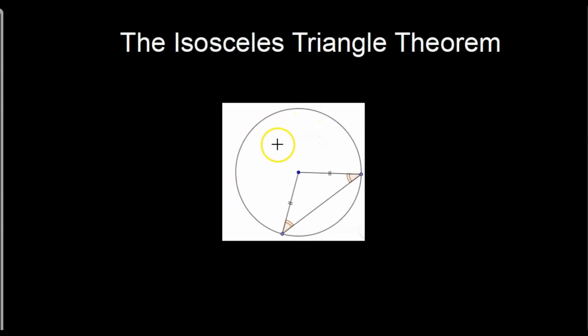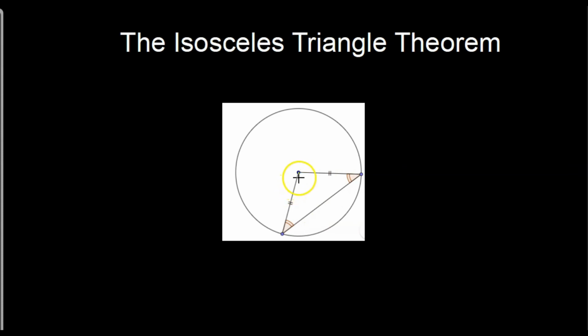Then to our final theorem we want to look at, which is something obviously you do know already, but we want to also say that when it comes to circles, you may have such a theorem in there automatically. Now we have the isosceles triangle theorem. What does it state?